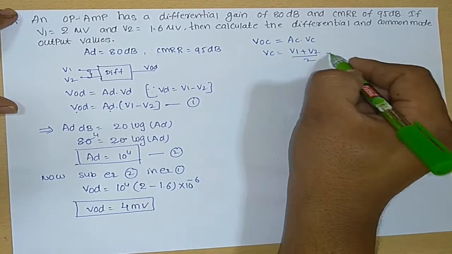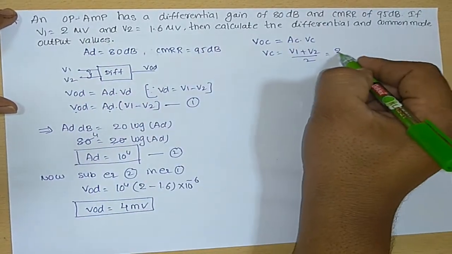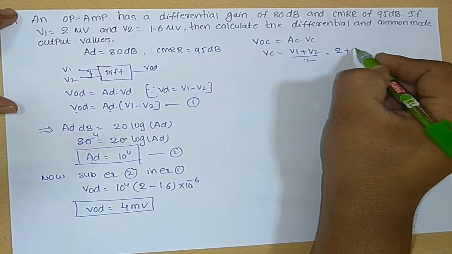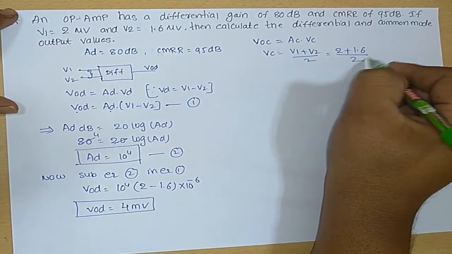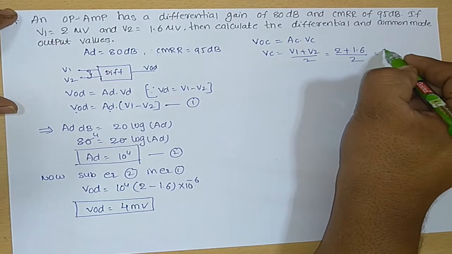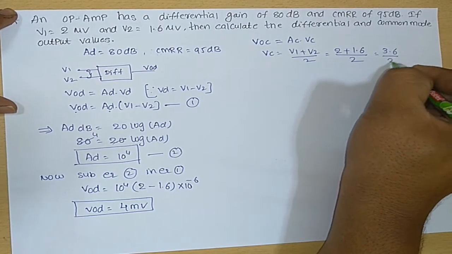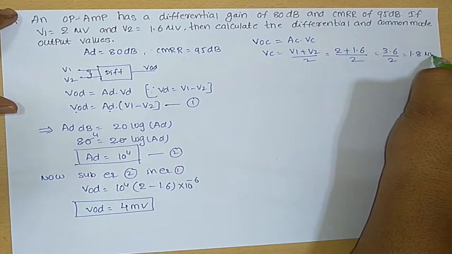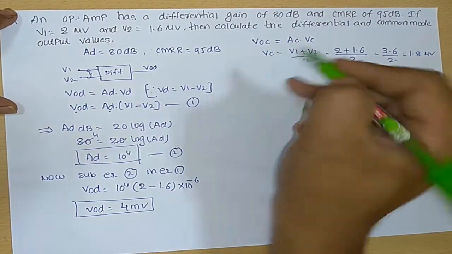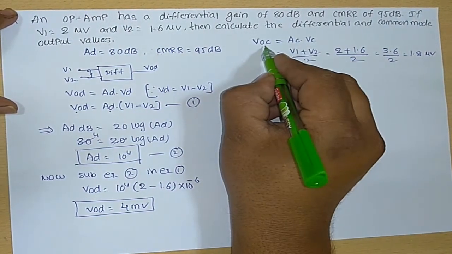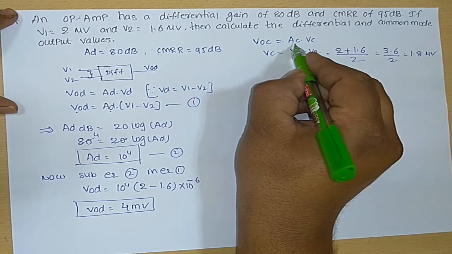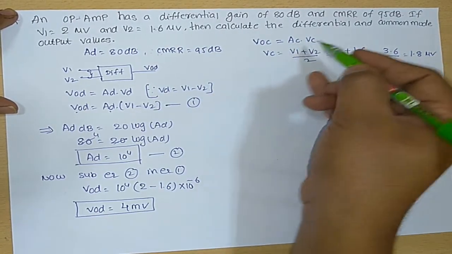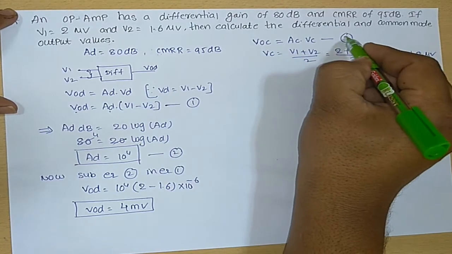Clear? Here V1 is 2 plus V2 is 1.6, whole by 2. Therefore we get 1.8 microvolts. To get this common mode output voltage we definitely require the common mode gain. This we consider as equation number 3.